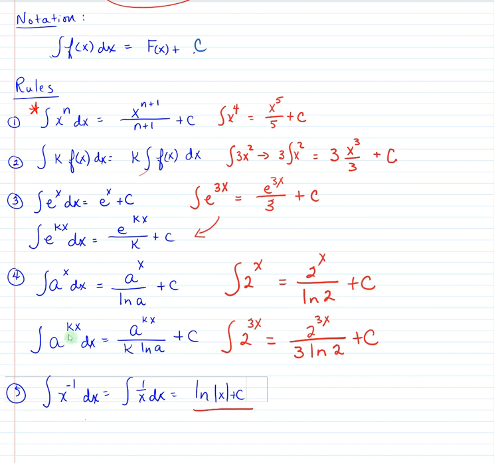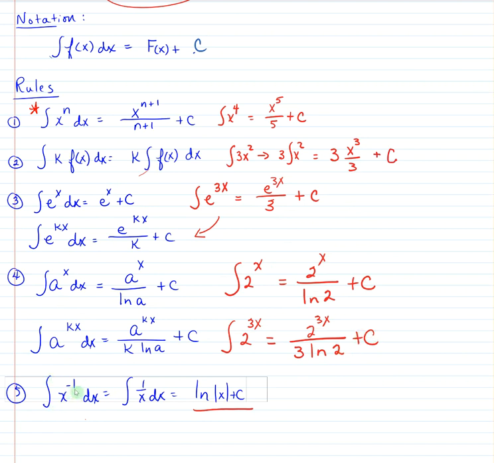If we have a to the kx, anything other than plain x, you put that k on the bottom. So the integral of 2 to the 3x still has 2 to the 3x on top, then we have that k, 3, times ln 2, because it's ln of a, plus c.